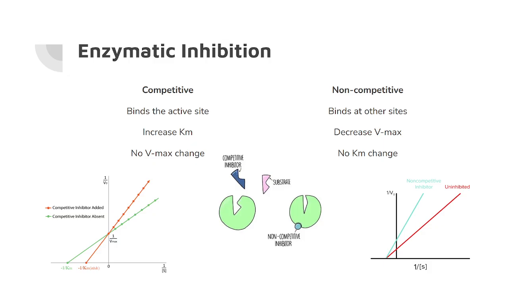This will require you to use more concentration of substrate to help it outcompete these inhibitors. And what you will see is an increase in Km.